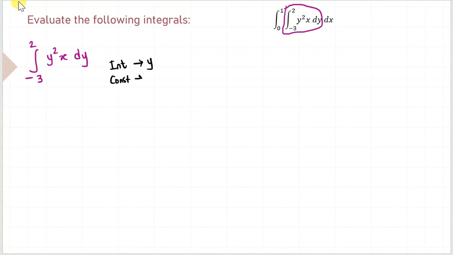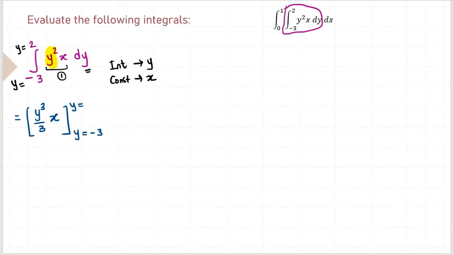The constant is x. As we are integrating with respect to y, these are the limits for y. And remember, this whole is one term. So you will just be integrating y power 2, keeping x the same. So this gives you y power 3 over 3 x, and the limits for y are from minus 3 to 2.